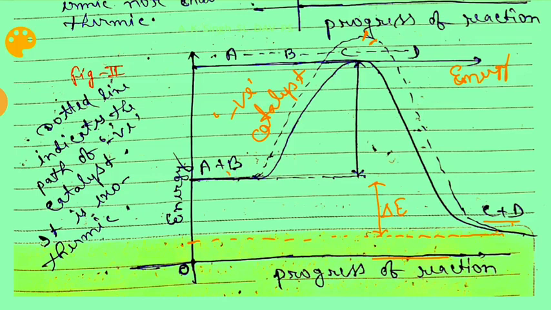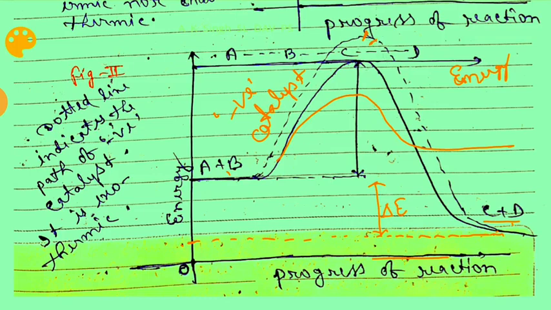Similarly, if you have to plot the same graph for an endothermic reaction, then you have to write here like this. Endothermic means energy of product will be more. Now it is endothermic. If negative catalyst is used, then again the graph will be like this. So you have to keep in mind the dotted line should be either above the initial peak or below the initial peak.